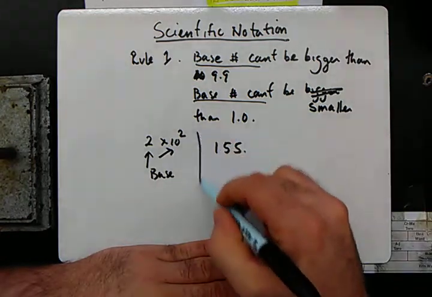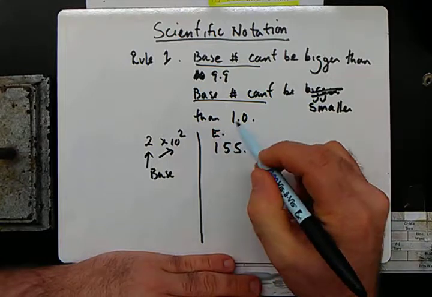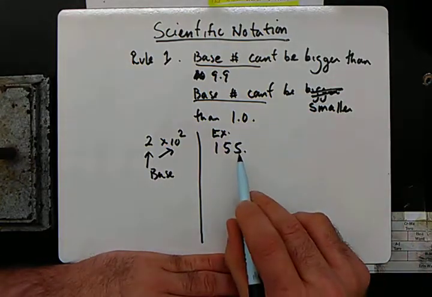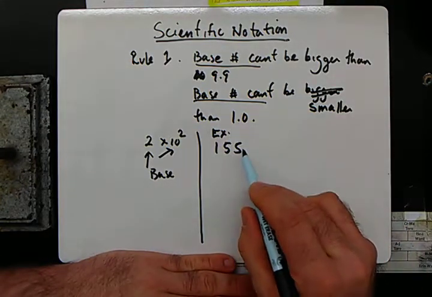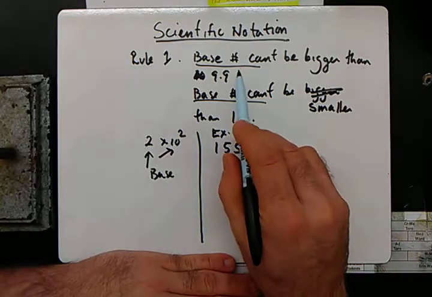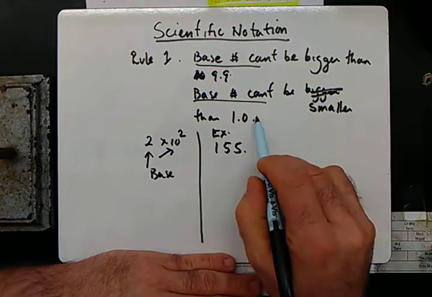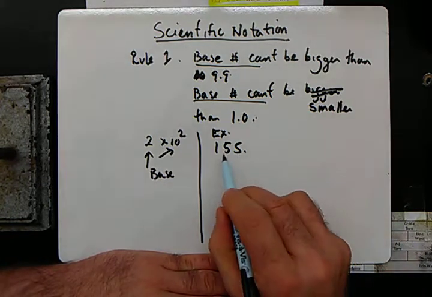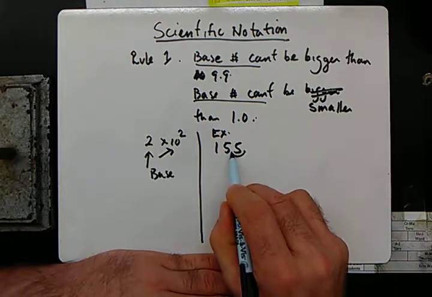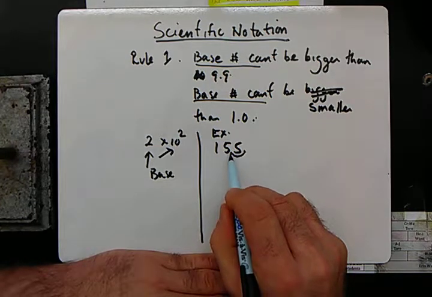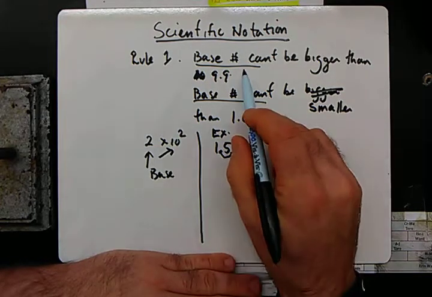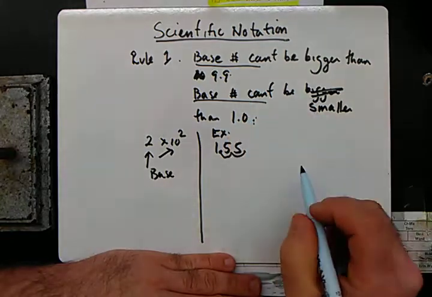Okay, here's our example. So we got a number of 155. We want to get that into scientific notation. So we've got to take our rule that the number can't be bigger than 9.9, can't be smaller than 1. So the base number has to be, is it 15.5? Nope. Is it 1.5? Well, yes, it falls between 1 and 9.9.